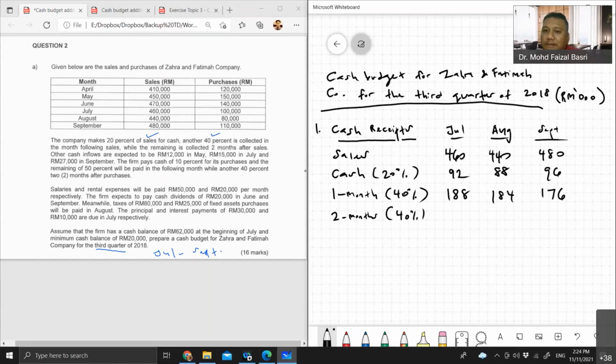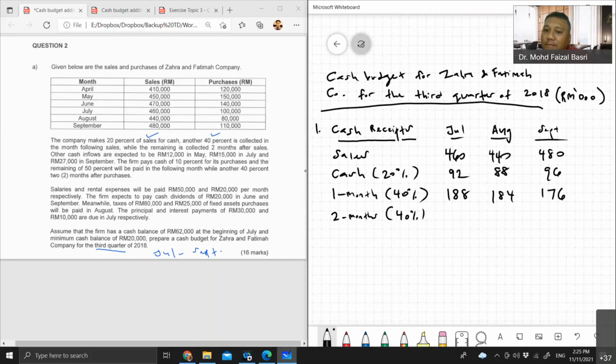Okay, and what happens if the sales happen in July? 40% of it, they're going to receive 2 months later. So far, if you focus on July, July 460,000, 92,000 is received immediately within the same month. 40% of it they receive in August, 184,000, and we know the same ratio, 40% will be 184 as well.